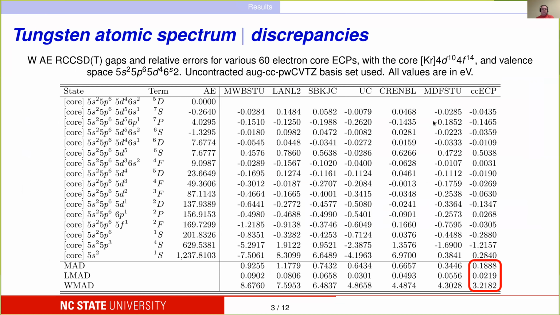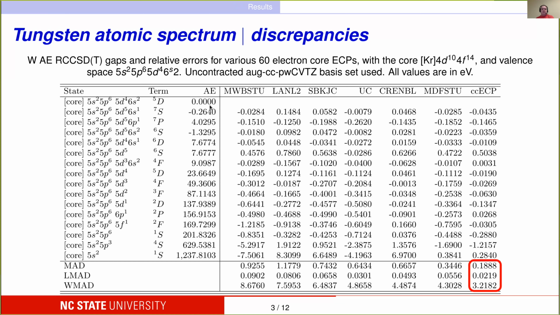Here we have the tungsten atomic spectrum discrepancies. On the left, we have the states that the atom is in. Here we have the all-electron data. The all-electron data is calculated using the most accurate method we can afford, which is coupled cluster with singles, doubles, and perturbative triples, with a large uncontracted saturated basis set, in this case, a giant TZ basis set.